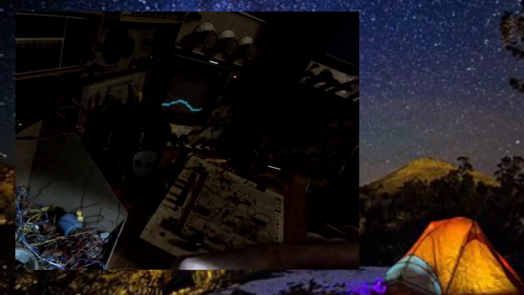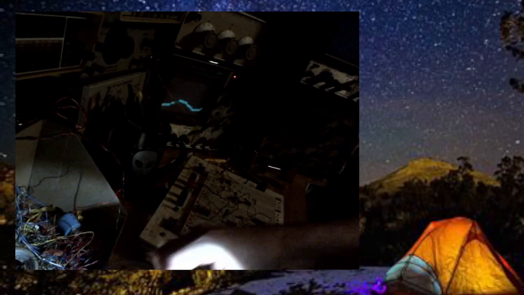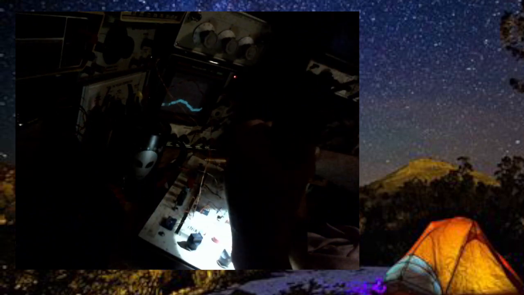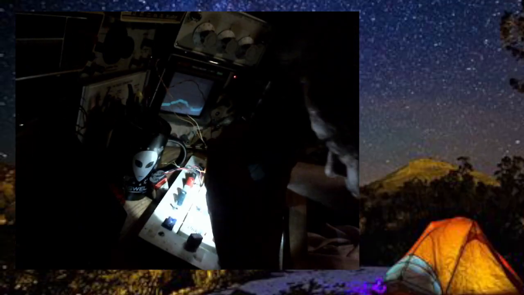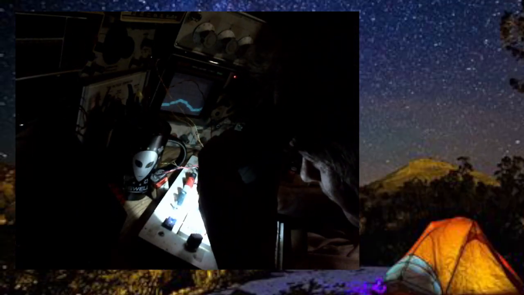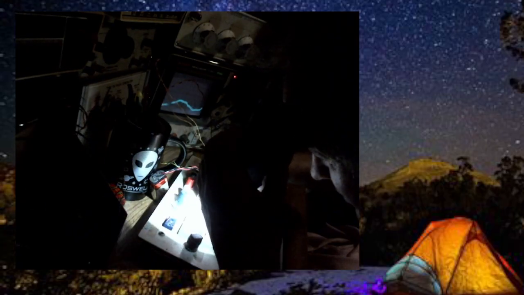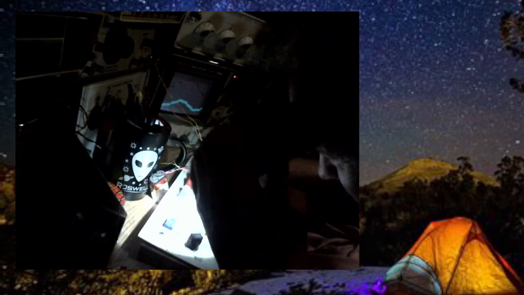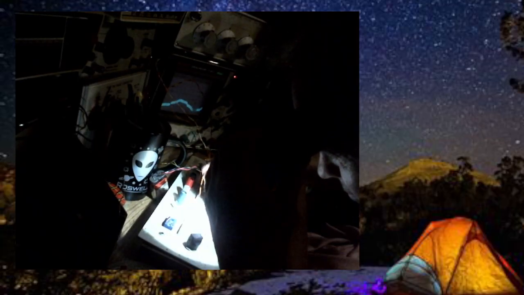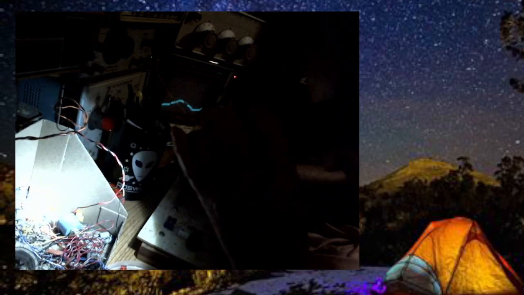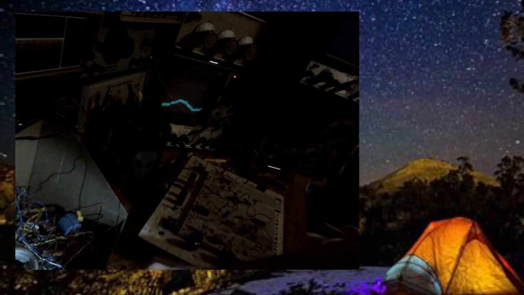We got some diodes over here, which I don't really know what to do with. What about this little dinky one here? It's not lit. That's not lit. Oh, that's lit. Yep, that one works.